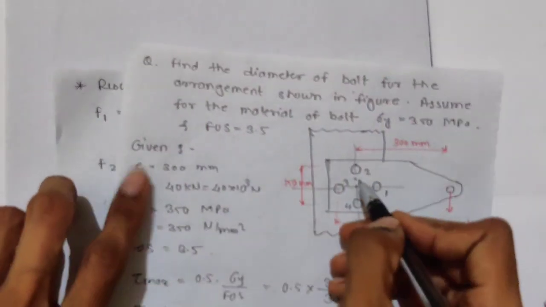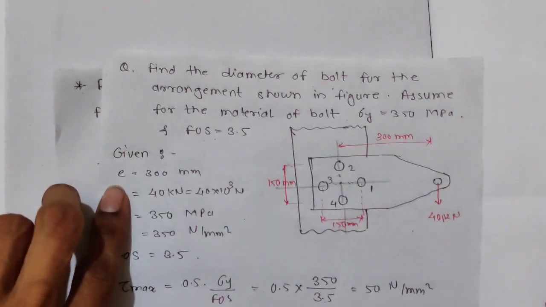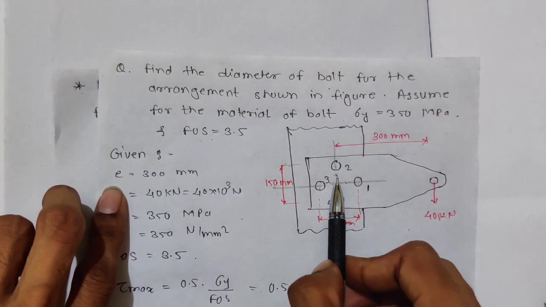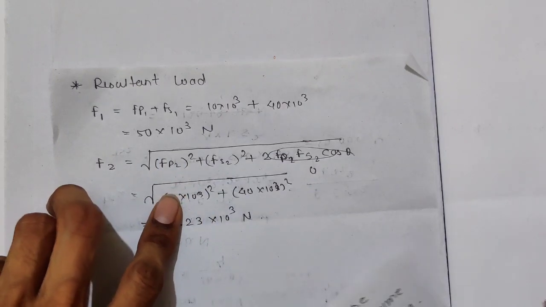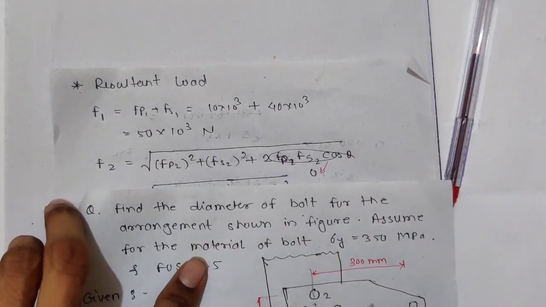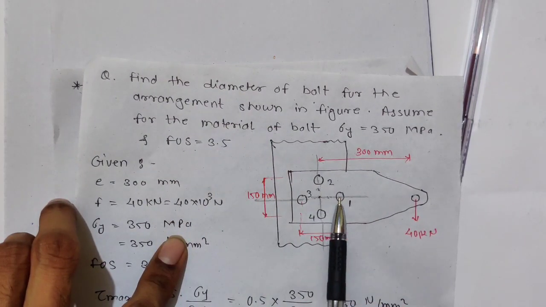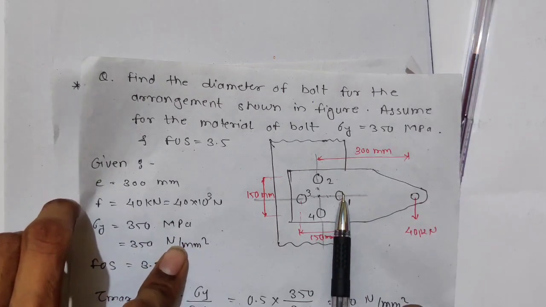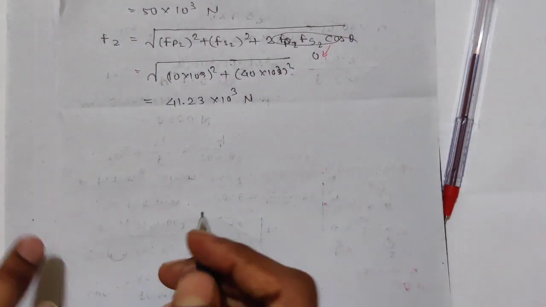If they have different radii, then you have to calculate this. Now we have the same radius for this and this. This is 75, this is also 75. Then definitely bolt 1 will carry the higher load. So we come to know bolt 1 is carrying the highest load.